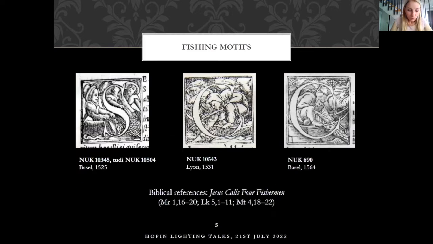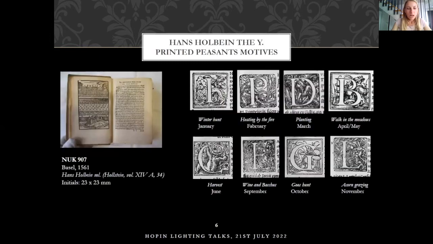Some of the genre motifs are also representations of biblical references, for example, the ones corresponding to the passages of Jesus calling the 4 fishermen. Among the more prominent representatives using peasants in book decoration is also Hans Holbein the Younger, who made a few initial series and decorative borders on the theme.